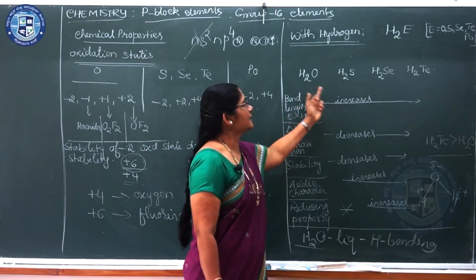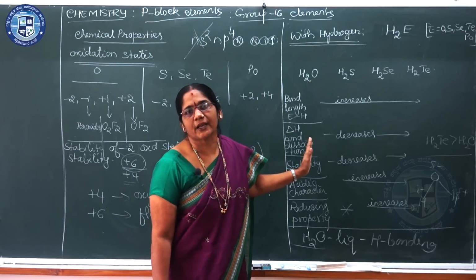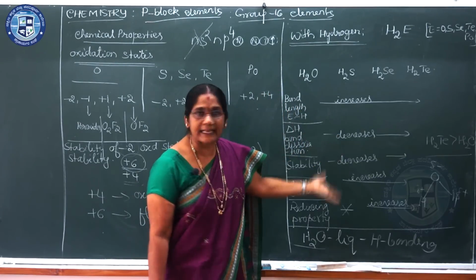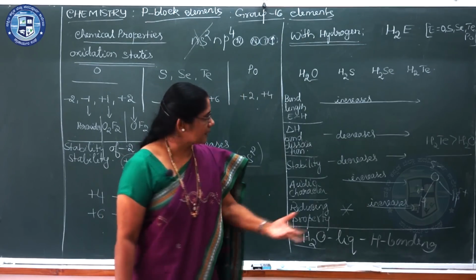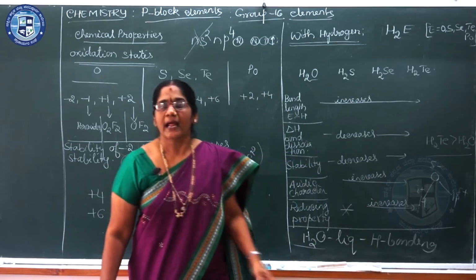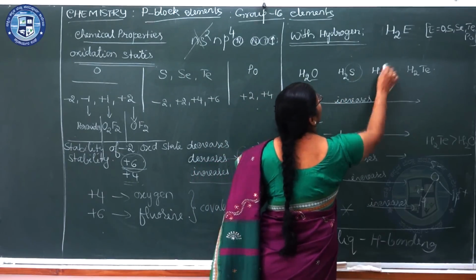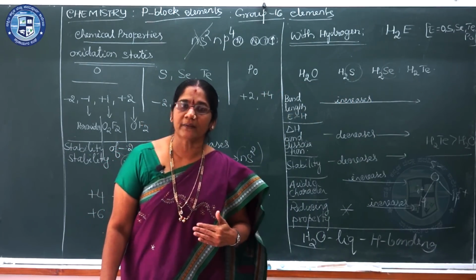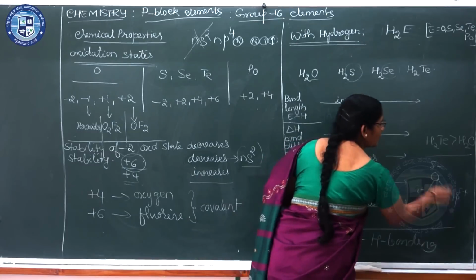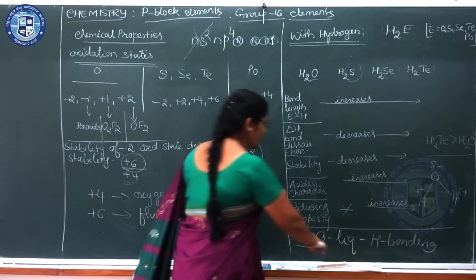Suppose you get a question like this: why is H2O a liquid and H2S a gas? Oxygen is small and highly electronegative and is able to polarize the bond, and hydrogen bonding develops, whereas in sulfur and the other compounds, as the size increases, their electronegativity is less and they cannot polarize the bonds. Therefore, there is no hydrogen bonding.